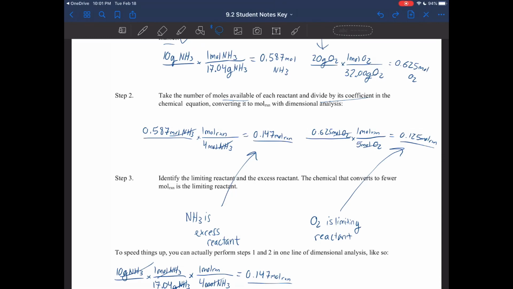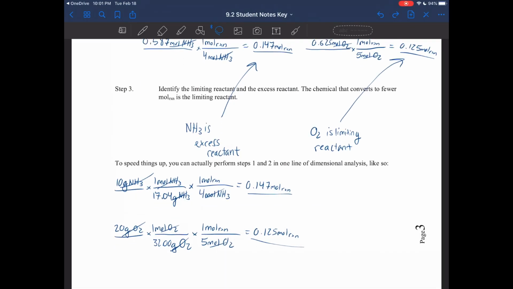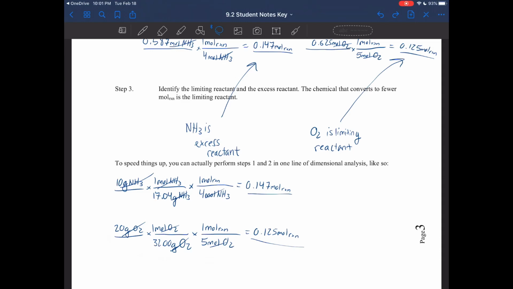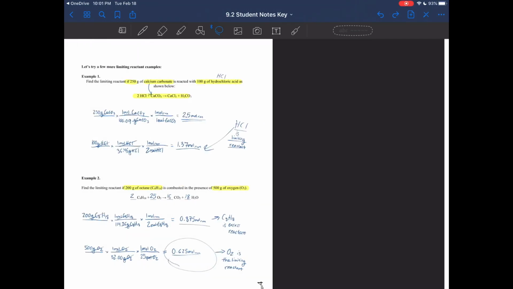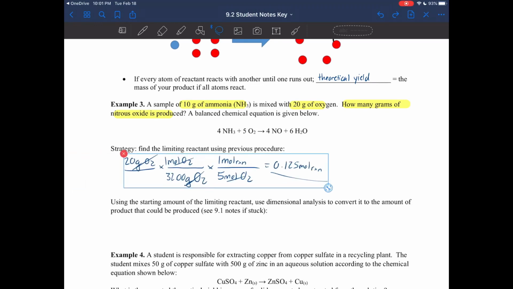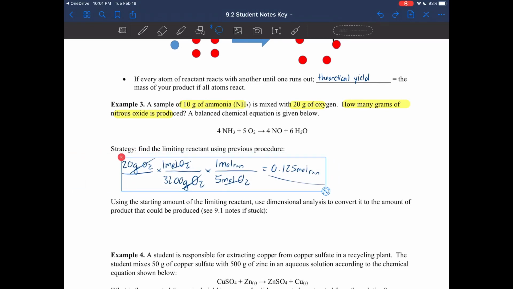So let's actually use this amount of oxygen. Whatever your limiting reactant was, in this case it was oxygen for this reaction, is what you're using to solve your problem here.